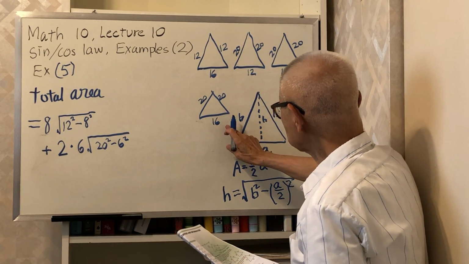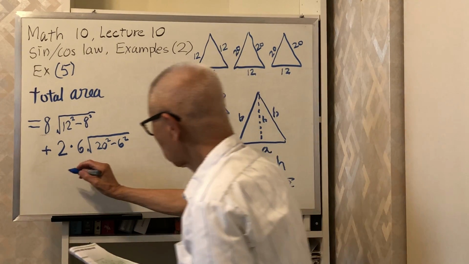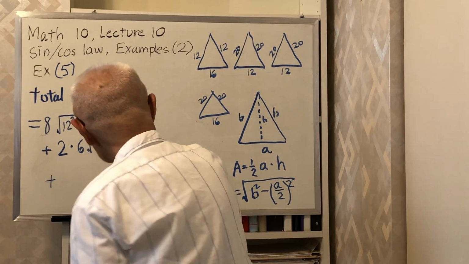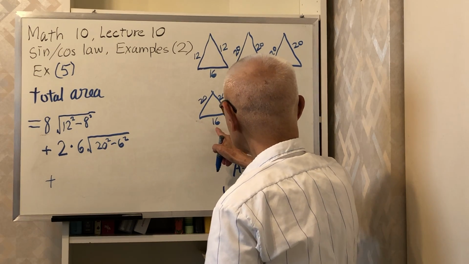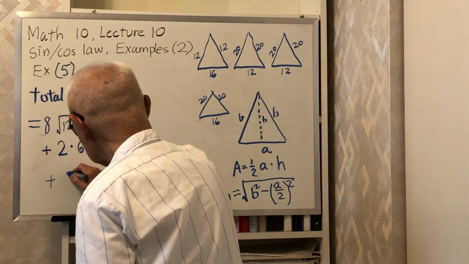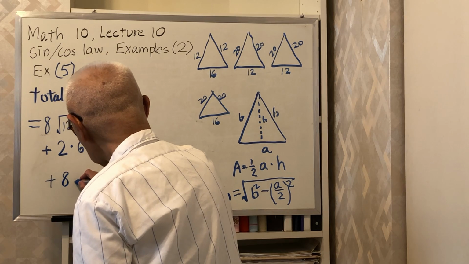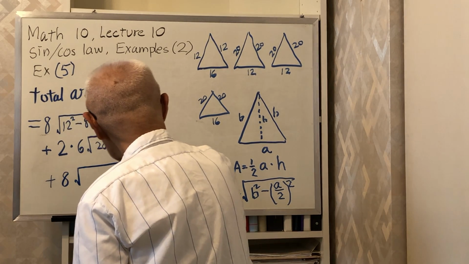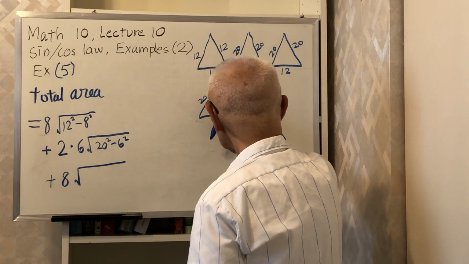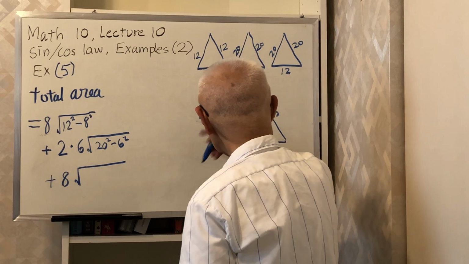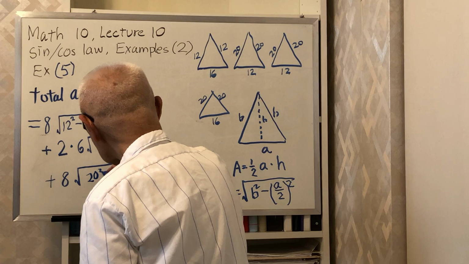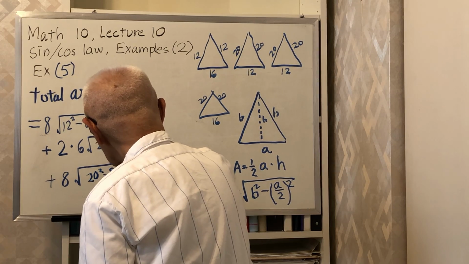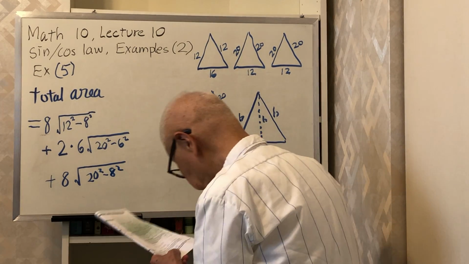Finally, I want this triangle, the area, so half of this is 8 times the height. Height is 20 and 8. So that is my expression.